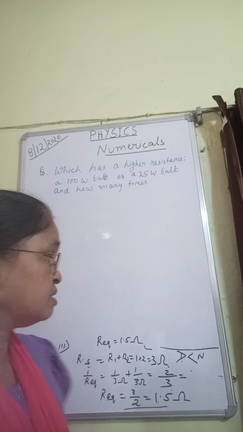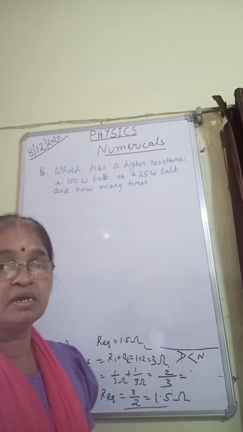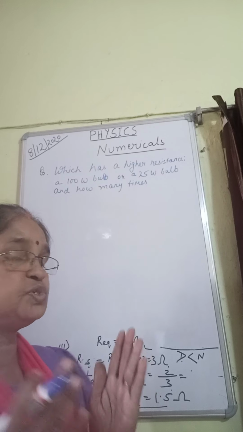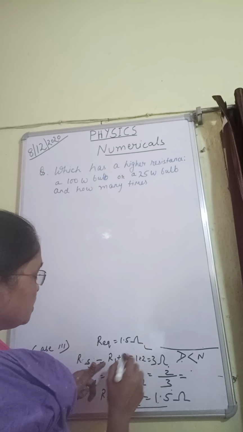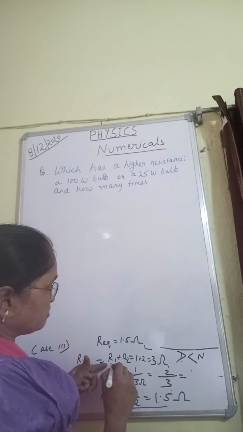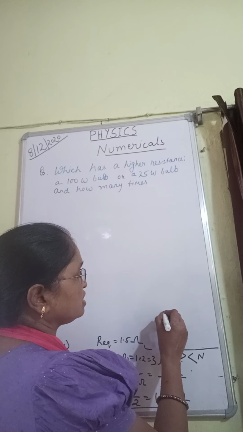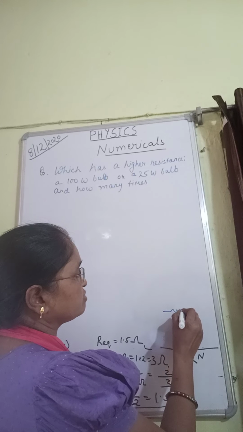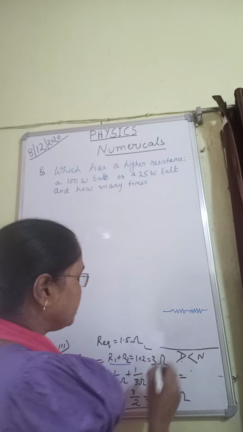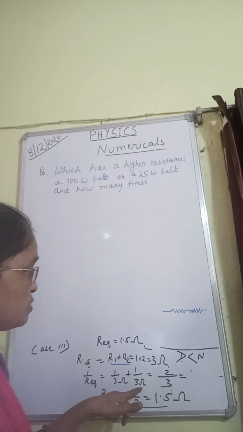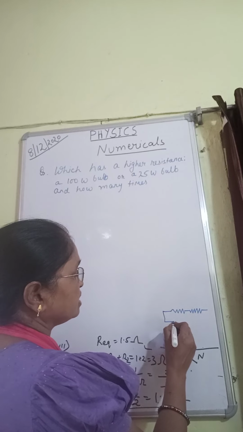So students, in the previous one we solved 1.5 ohm, and for this, draw the circuit diagram. So how will you draw this circuit diagram? You are seeing that we have connected R1 and R2 in series. In one we have taken R1, R2 in series, and second, R3 is parallel.